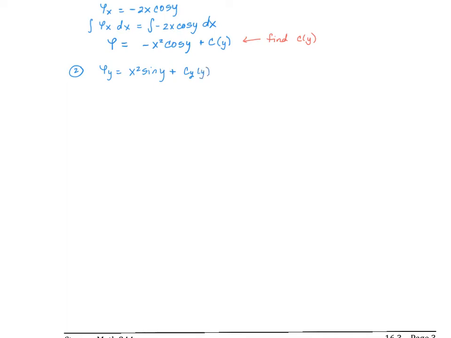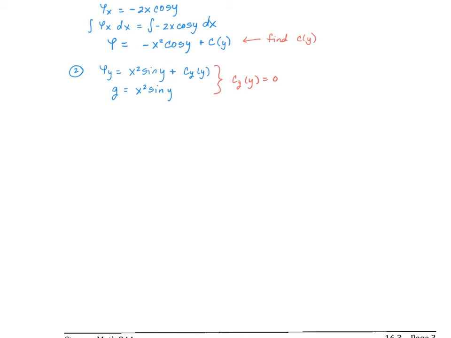All right. So now we're going to equate this partial derivative with respect to y with our g. So remember, g is equal to x squared sine y. So in order for these guys to be equal, that tells me that this constant has to be equal to 0. Otherwise, the partial with respect to y and g would not be equal.